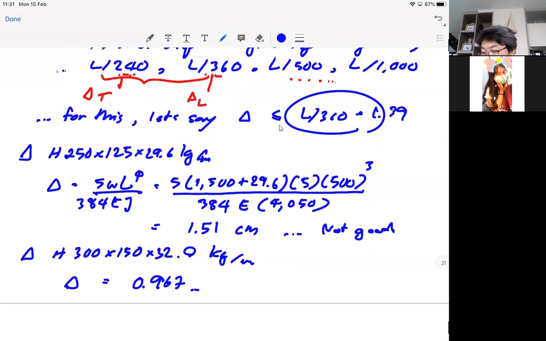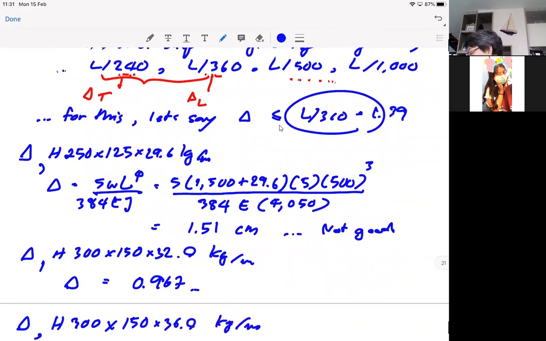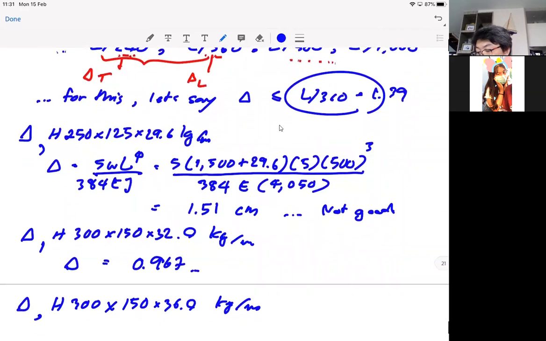And the last one, delta for 300 by 150 by 36 kilogram per meter, that would be 0.85. Doesn't look like delta anymore. So actually, the second one is not a bad choice, you can use that as well.